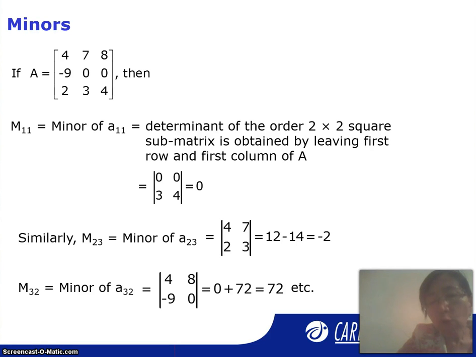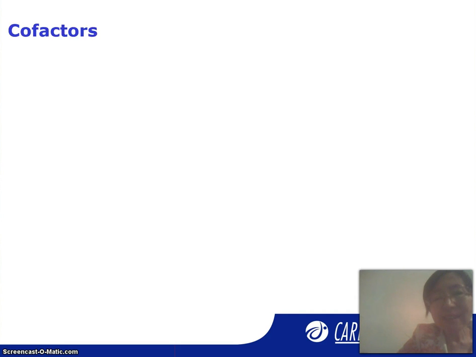We have 4 multiplies 0 equal to 0, and minus the product of elements lying on the second diagonal, minus 9, 8. So we have 72 and minus before them, so we have plus 72. So 0 plus 72, we have 72, and so on.